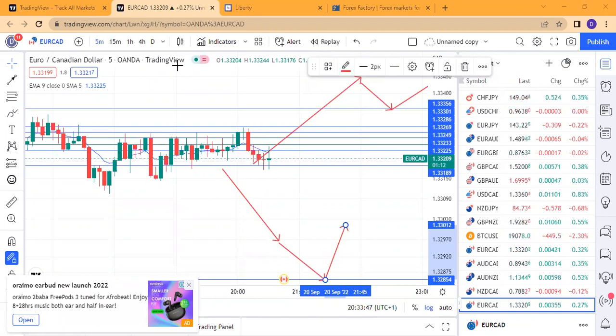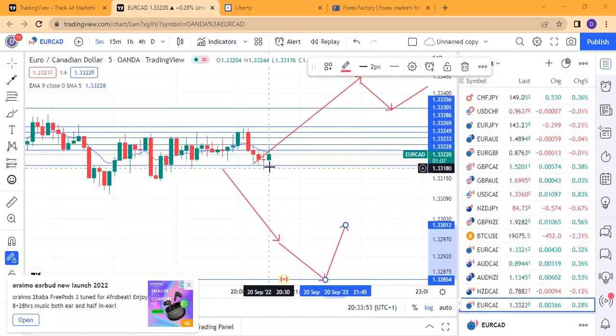Yeah, it usually breaks the resistance because this market is in an uptrend. It's in an uptrending momentum, so it's going to keep going up. But if anything makes it come down, there's another zone down there, which is this one.